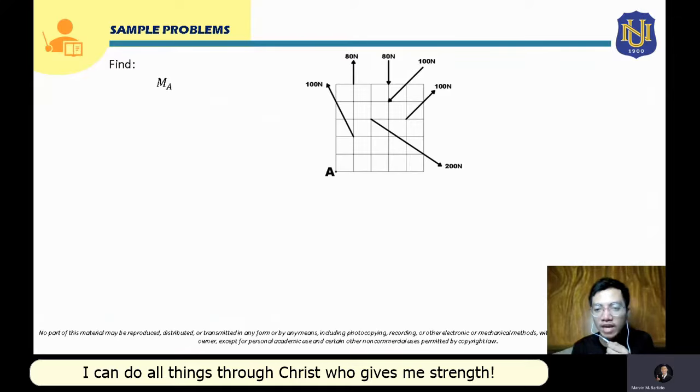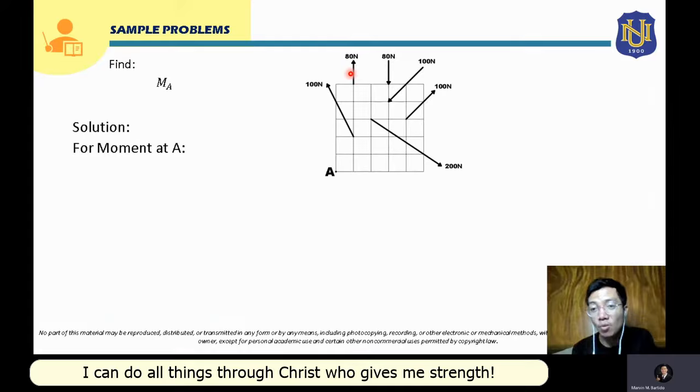So let's answer this. Again, we are asked to solve for the moment about point A of all the forces in the system. If we analyze the forces involved, we can notice that there are forces that are a couple.